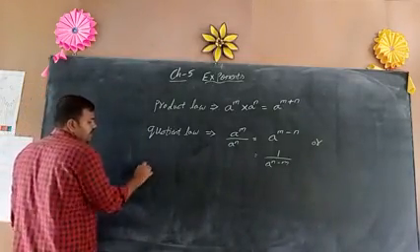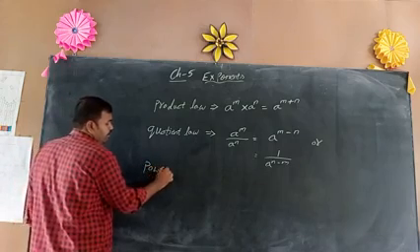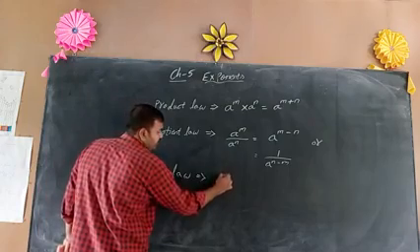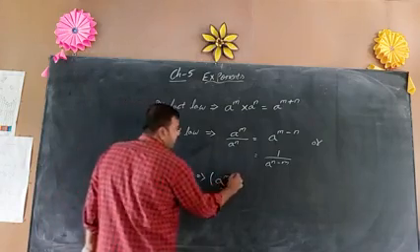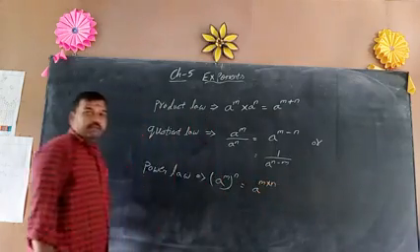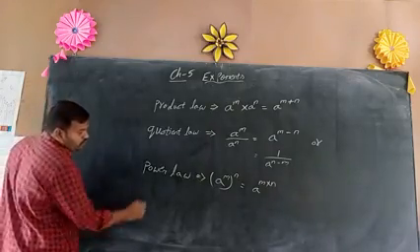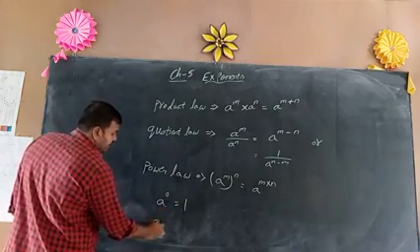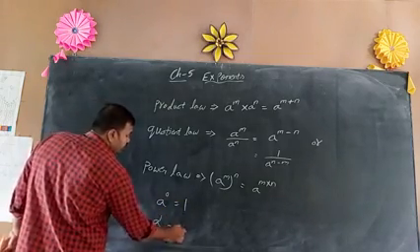Another one is power law: a to the power of m whole to the power of n is equal to a to the power of m into n. And the last ones: a to the power of 0 is equal to 1, and a power 1 is equal to a.